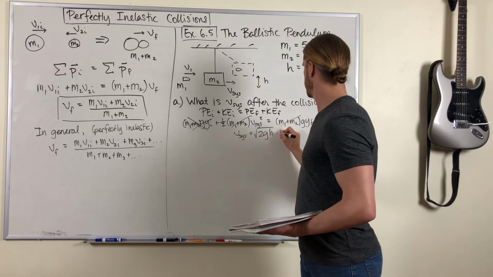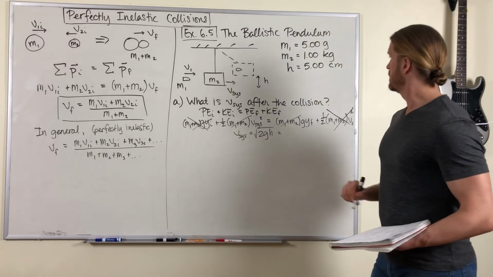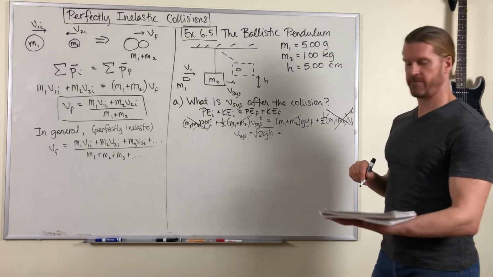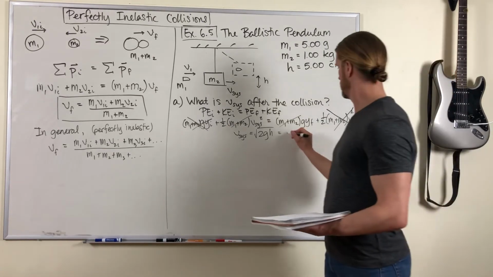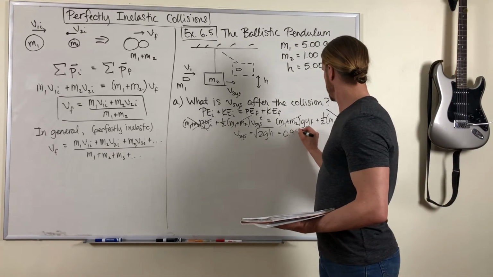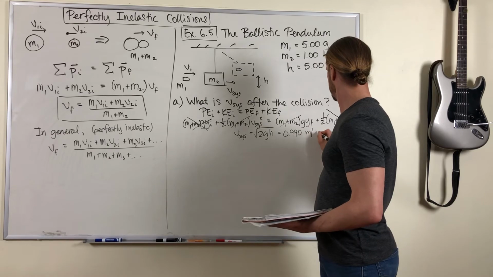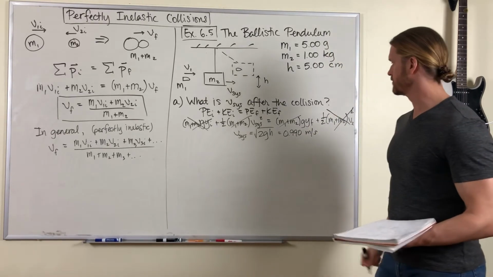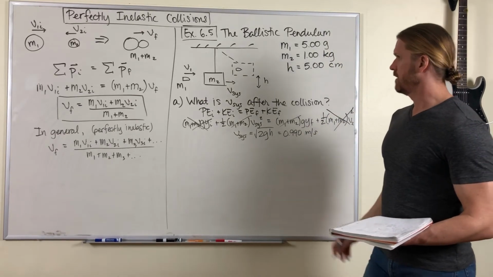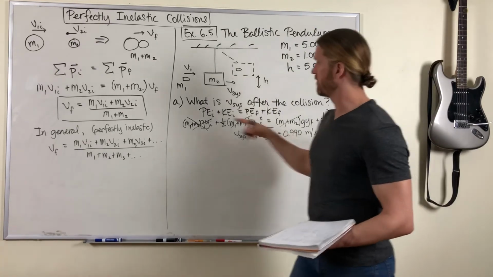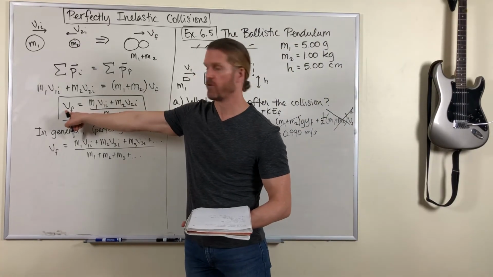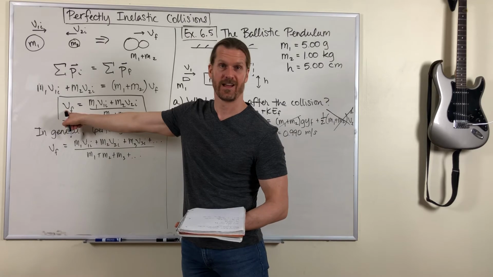And when you plug in that value of h, you get 0.990 meters per second. Okay, so we have the value for the left-hand side of this equation.